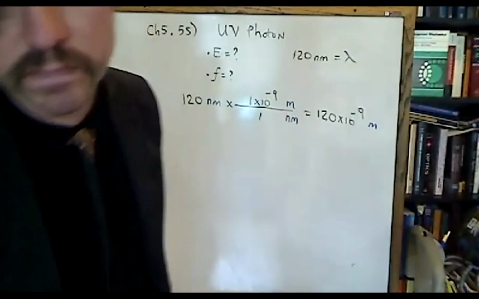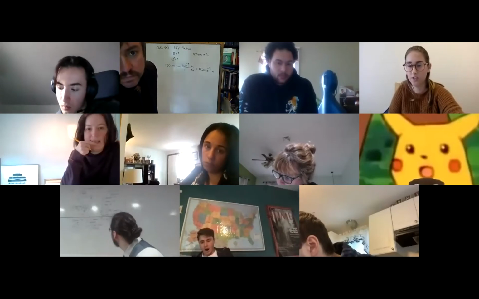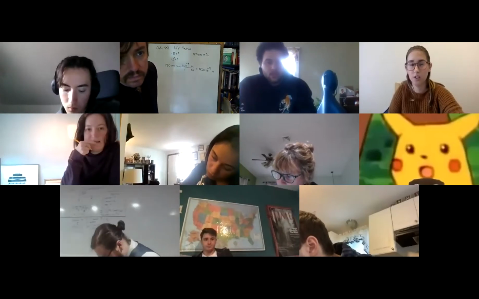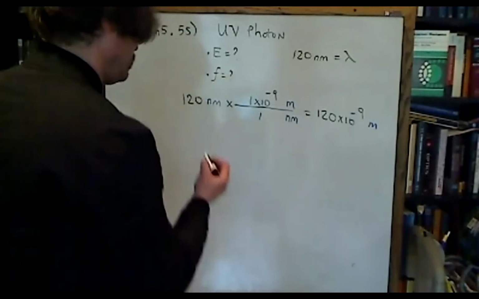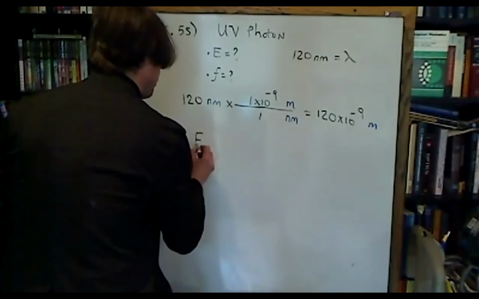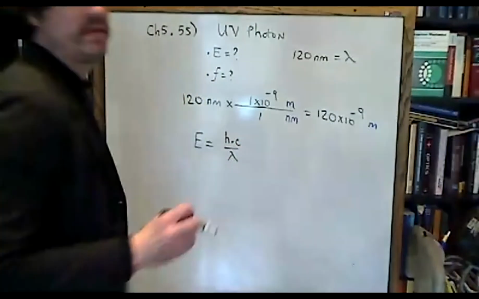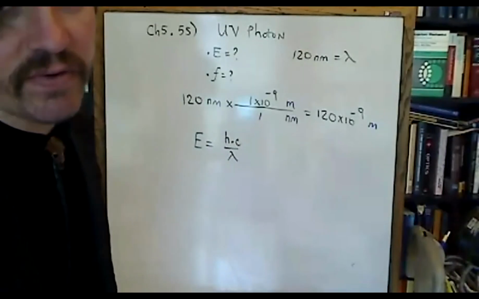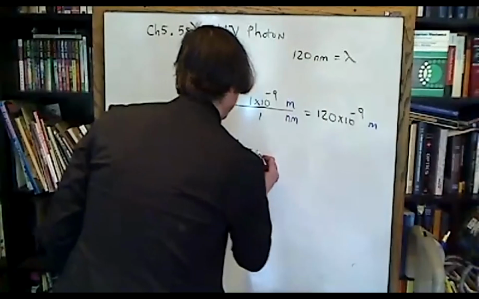So we would do h times c over the wavelength. I love it. The light just went on. Wait, do you mean in the video or in your mind? In my mind. Okay, cool. That's an even better light.